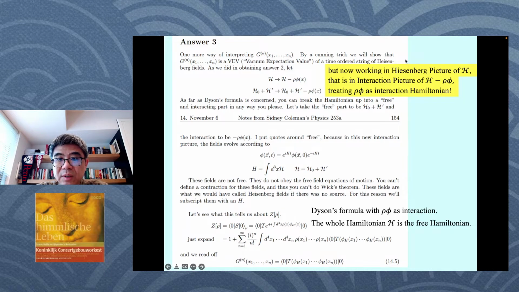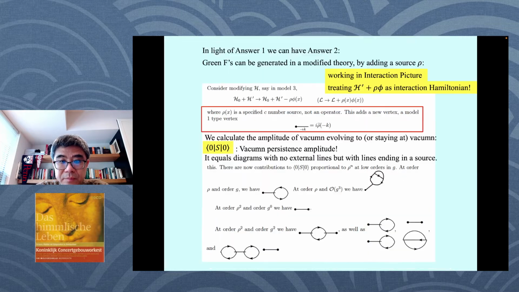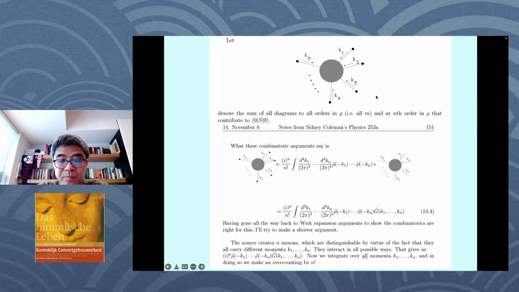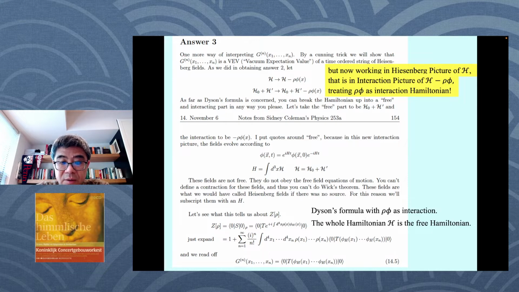Because I'm working with the Heisenberg picture of H, this vacuum is the true vacuum, the vacuum of the whole H, whereas in answer 2 the vacuum is a different thing.